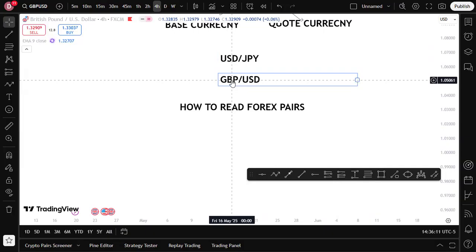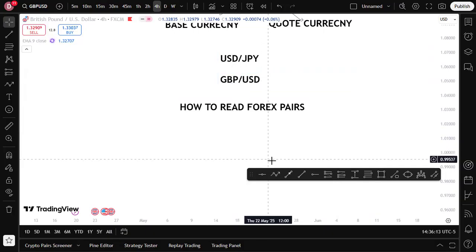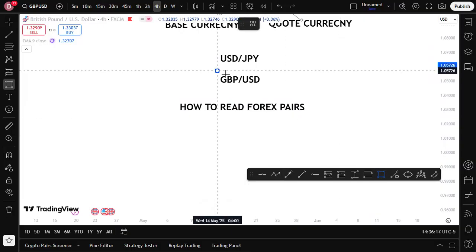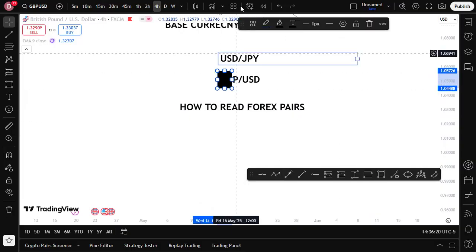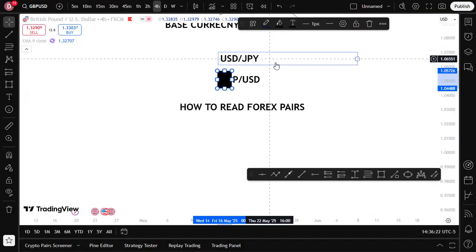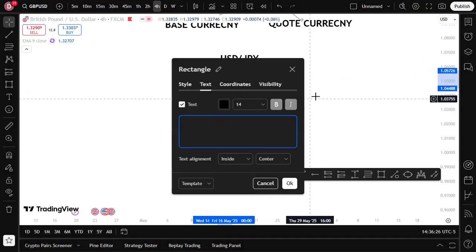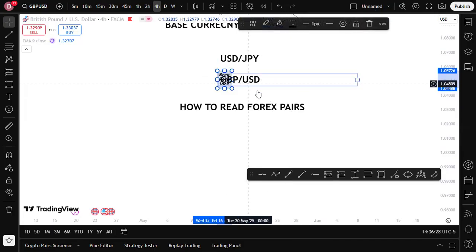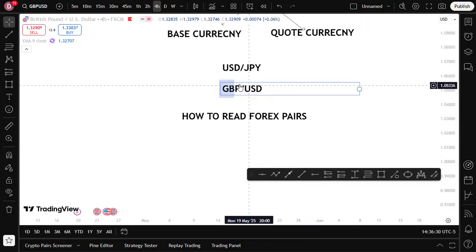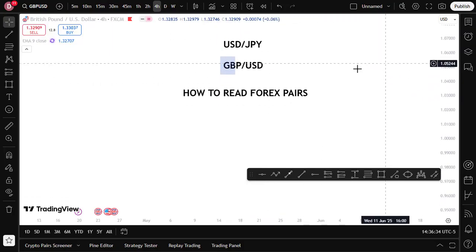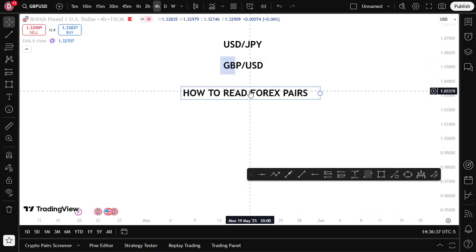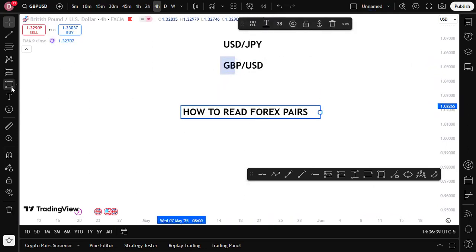But do you know that the first two letters of this currency pair, the first two, which is GB, is the name of the country, while the third letter is the name of the currency they are using?